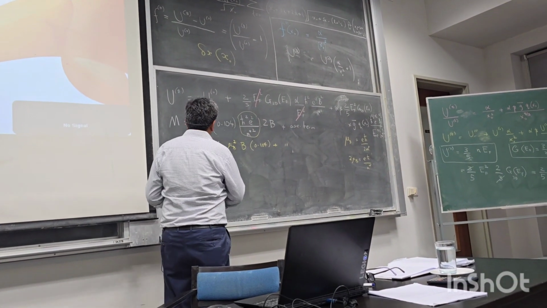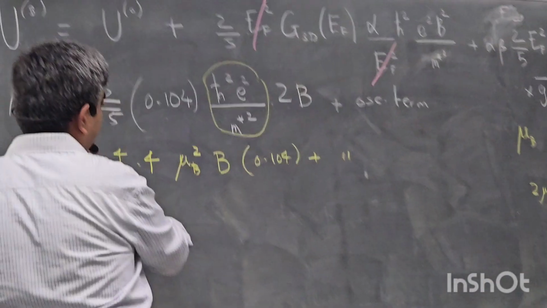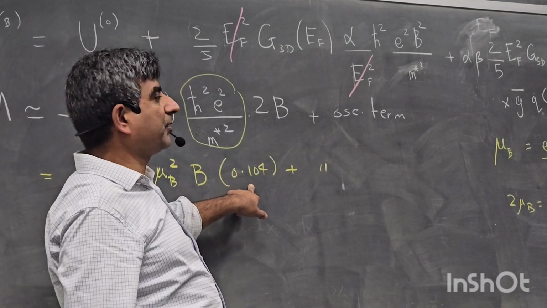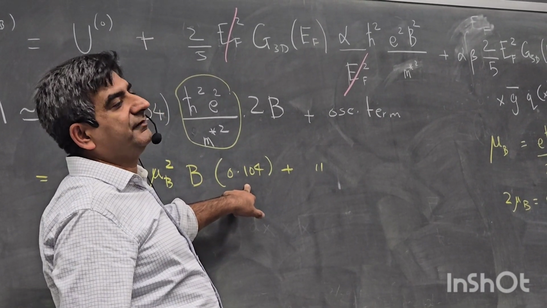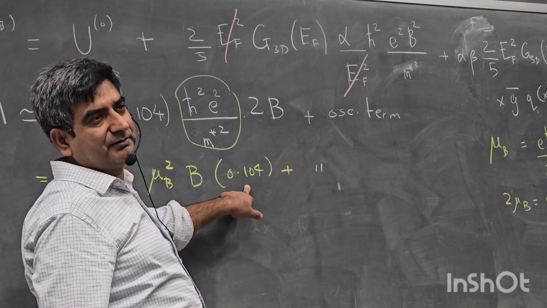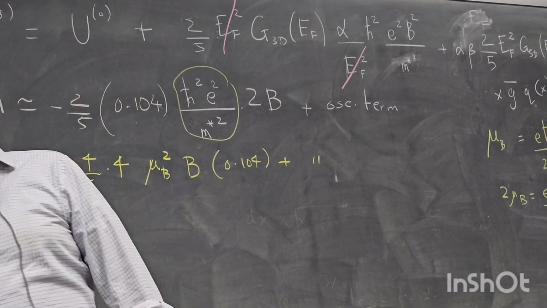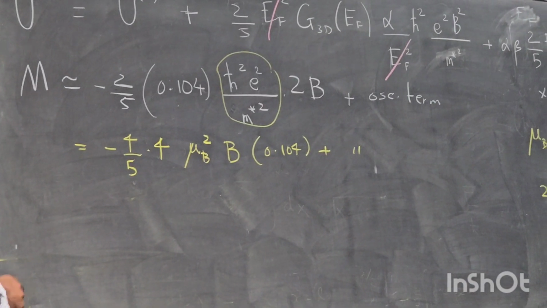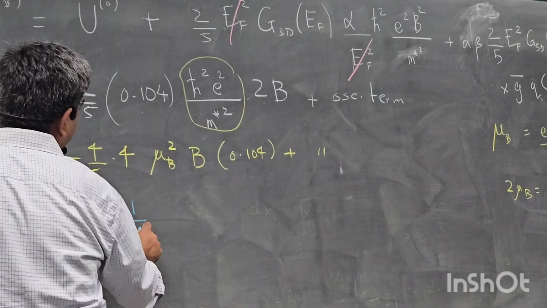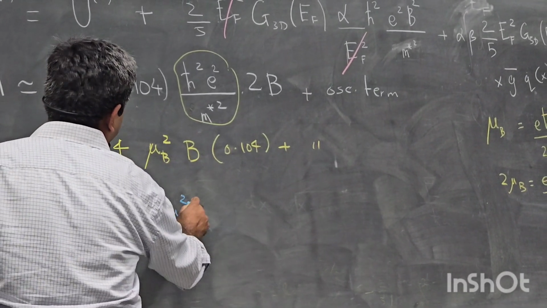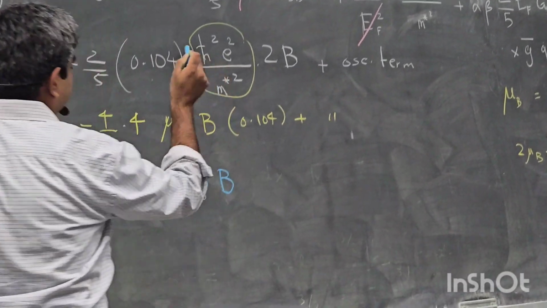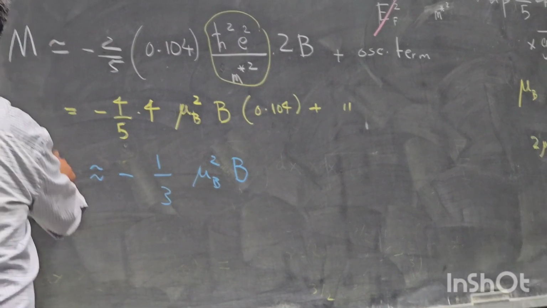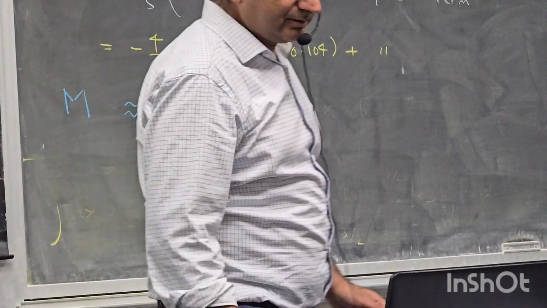Now, if you have figured all of this out, this is 16 over 5 times 0.1. Right? So this is 1.6 divided by 5, about 0.3, 0.33. It's 1 by 3. Okay? So all of this is minus 1 by 3 mu B squared B. Correct?